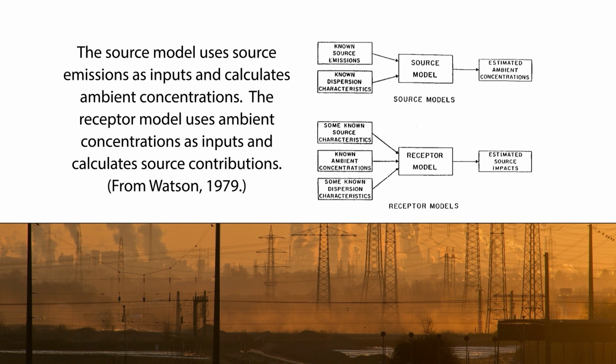Whereas in the receptor models, the ambient air pollutant concentrations are known through the monitoring stations or data from the instruments used to monitor the air quality. Pollutants like PM10, SOx, or nitrogen dioxide are given as input parameters, and the source characteristics, the source profile or source signature, is already there, having been calculated for certain sources.